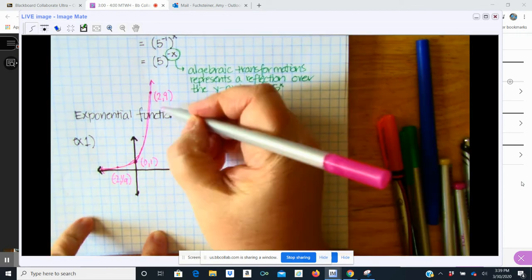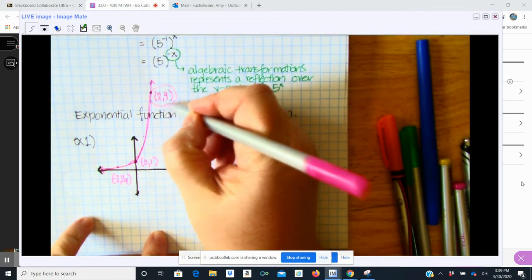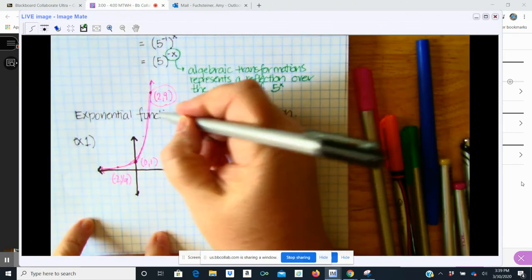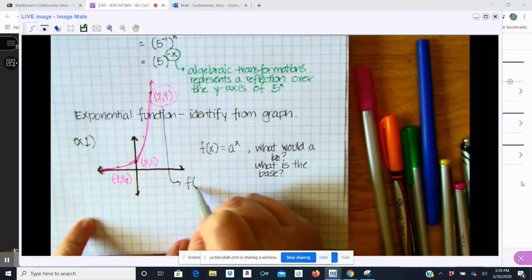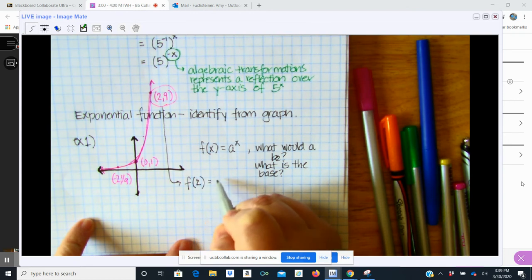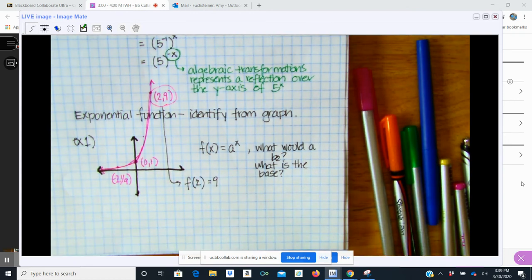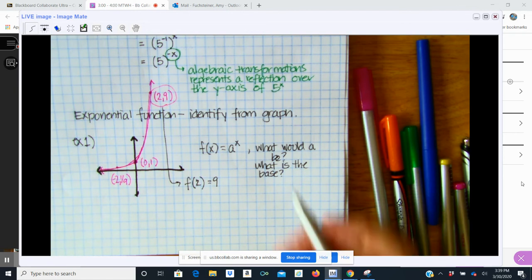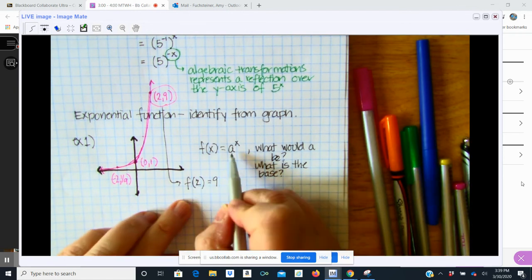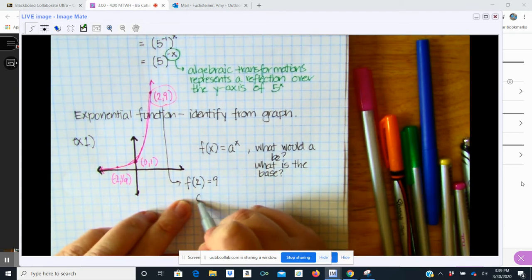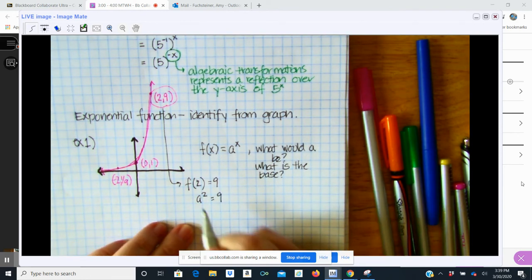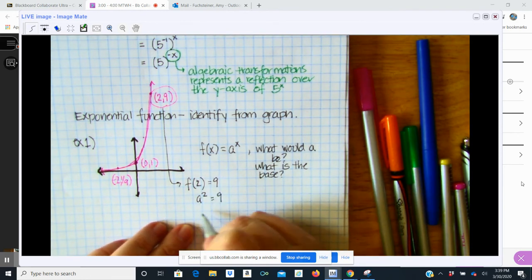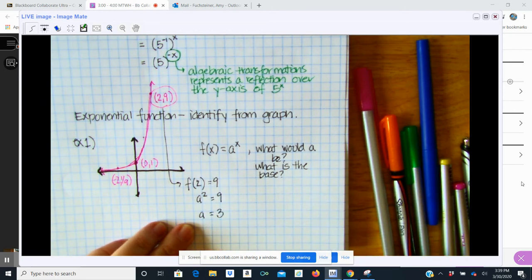Okay. So this point right here tells us that f of 2 has to equal 9. Since f of 2 would be a squared, a squared would equal 9, and our a value has to be 3.